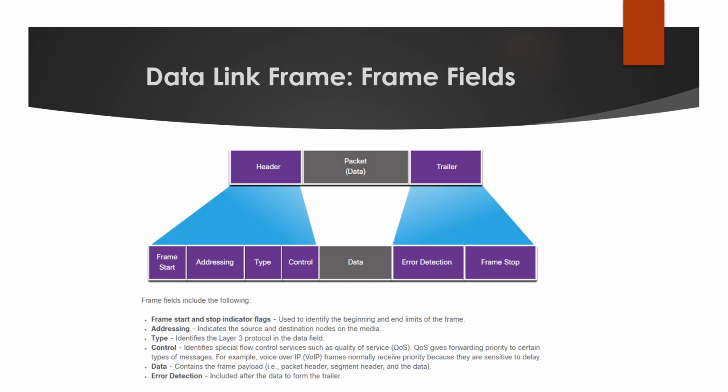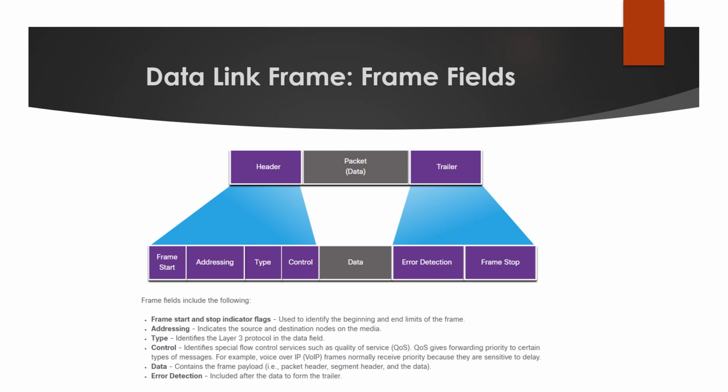Framing breaks the stream into decipherable groupings with control information inserted in the header and trailer as values in different fields. This format gives the physical signal a structure that is recognized by nodes and decoded into packets at the destination. The generic frame fields are shown in the figure.